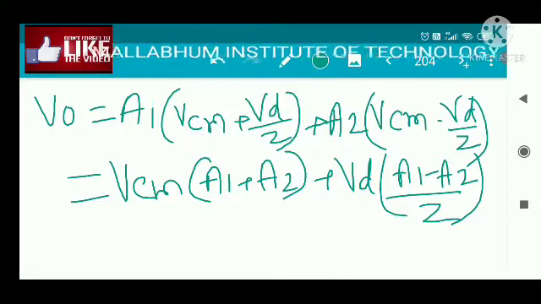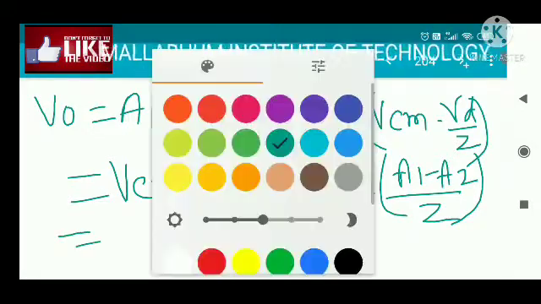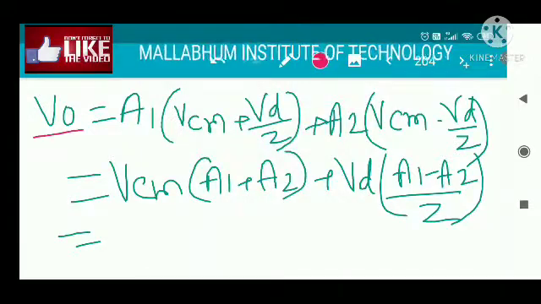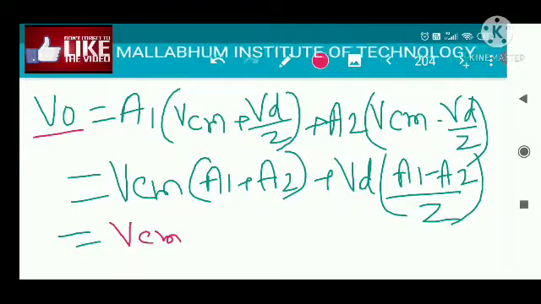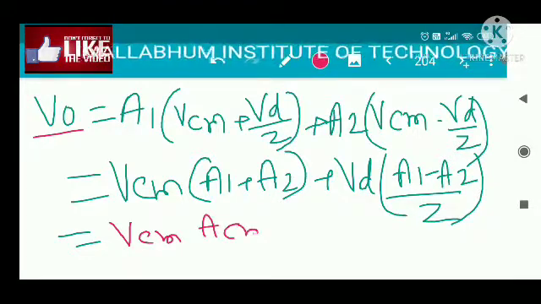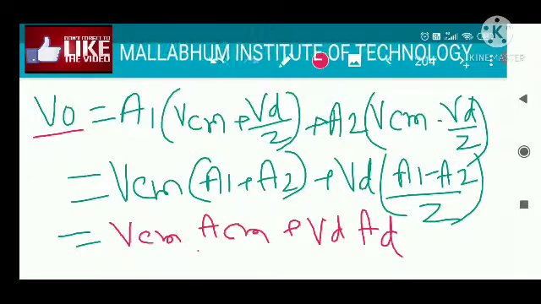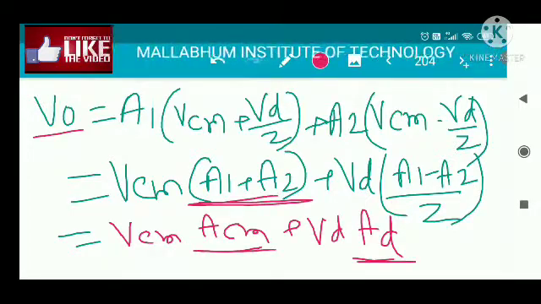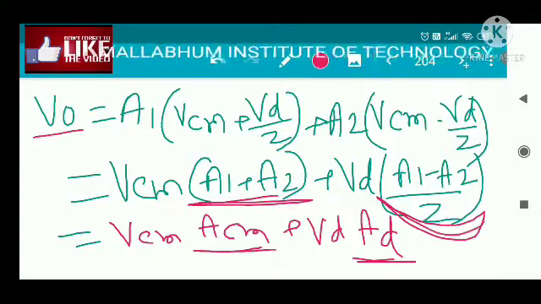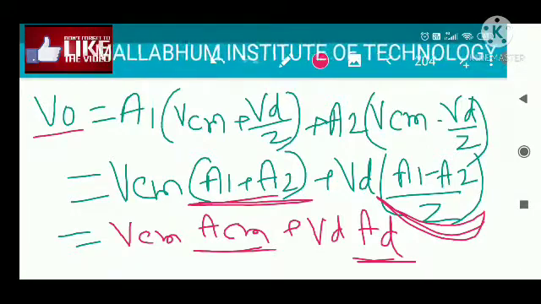Comparing this with the other equation that we have also studied, V0 can be represented as VCM into ACM plus VD into AD. Comparing these two, ACM will be A1 plus A2 and AD will be (A1 minus A2) divided by 2.